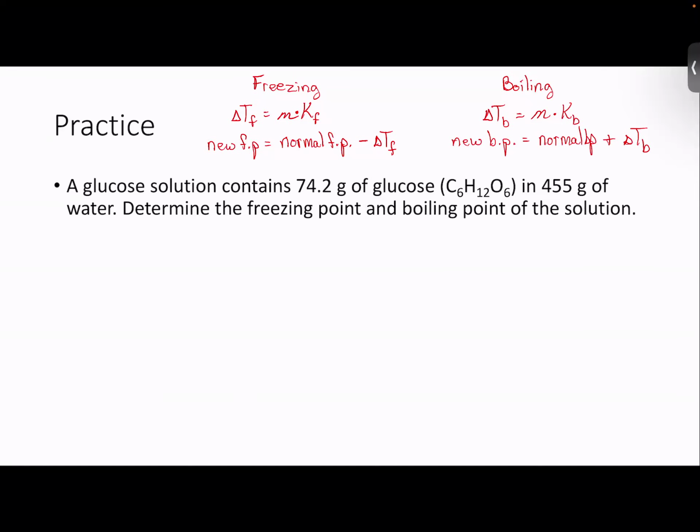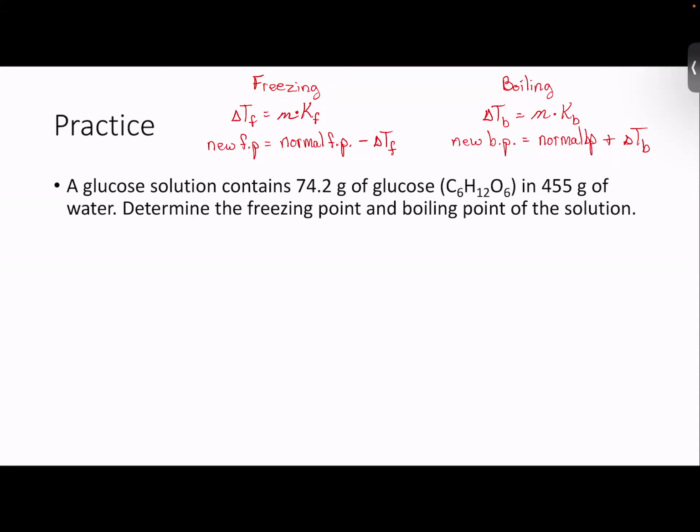Why did I subtract delta TF and add delta TB? Because I remember freezing point, what? Depression, decrease. Boiling point, elevation, meaning increase. So you've got to remember the words to help you with the equations.